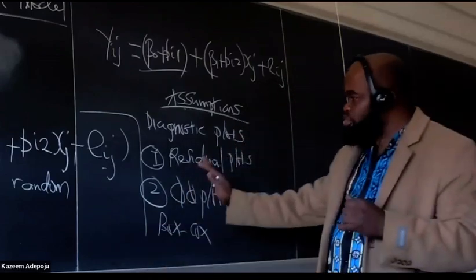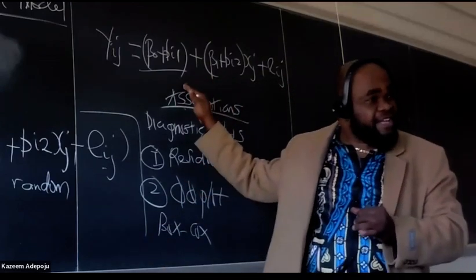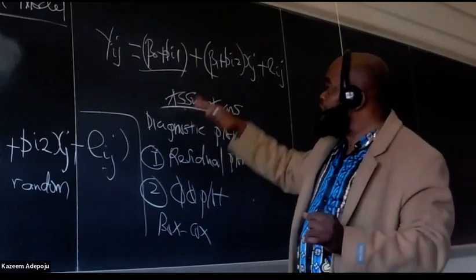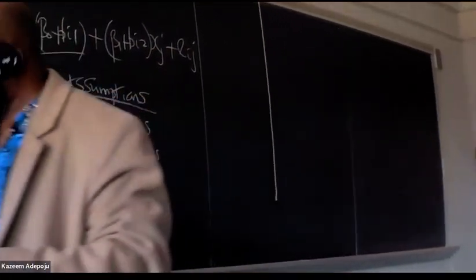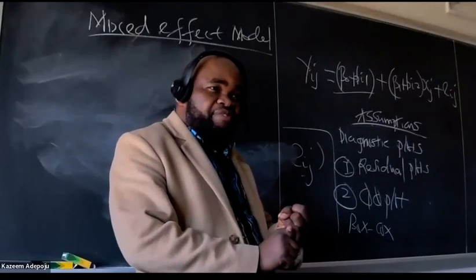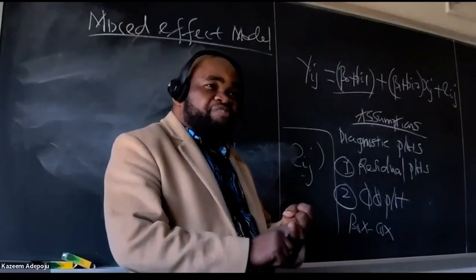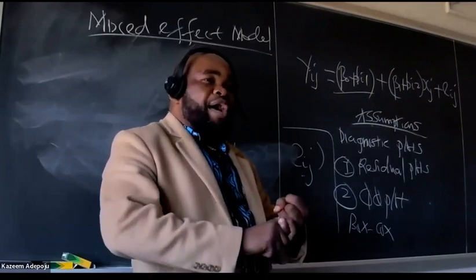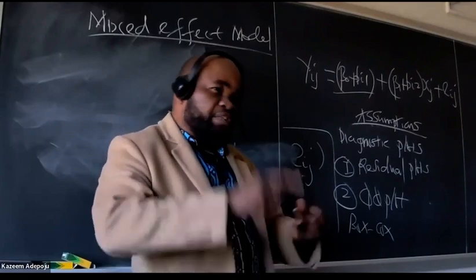I've just told you about the assumption of linearity, because this is a linear mixed effect model. Another assumption we are going to have is that we have a random intercept and a random slope. Anything random is assumed to follow a probability distribution.